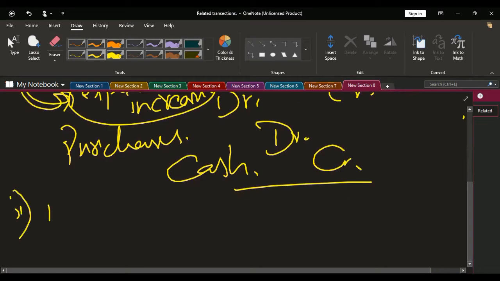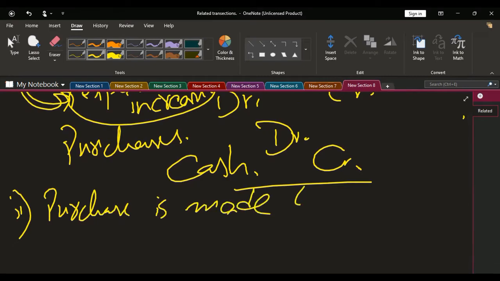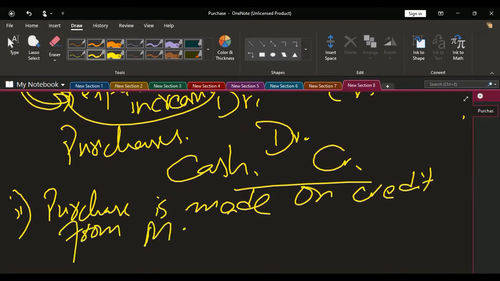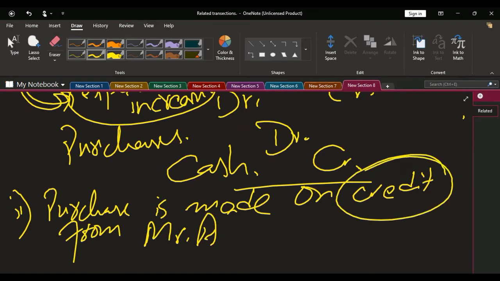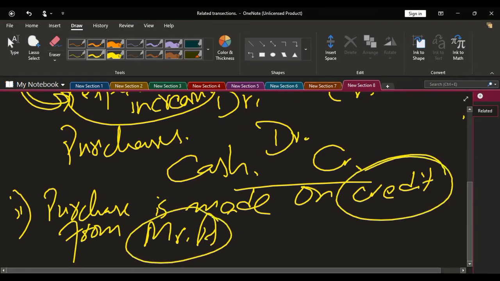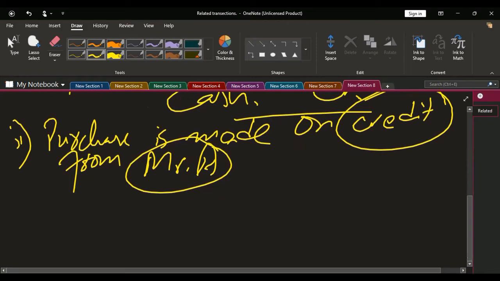And when the purchase is made on credit from Mr. A, it means that we have purchased some items from Mr. A on credit basis, that we have agreed to pay for this amount at a future date.